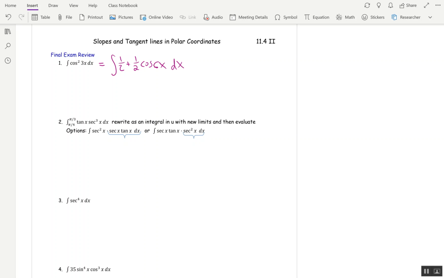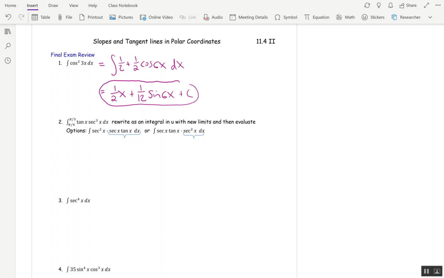You have to know the half angle formulas for sine and cosine, and then go ahead and integrate. So now it's a piece of cake: 1/2 x, plus, we bring out a 1/6, so 6 times 2 is 12, sine 6x plus c.